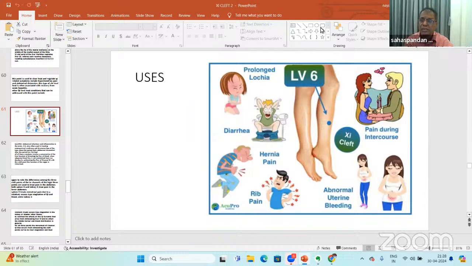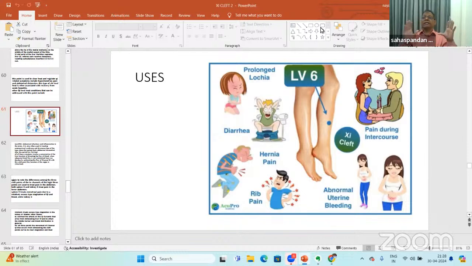How to needle: perpendicular insertion, 0.6 to 1.2 cun. So the Yin Qiao Xi-cleft point is always used for emotional disharmony which can involve discomfort in the abdominal cavity.